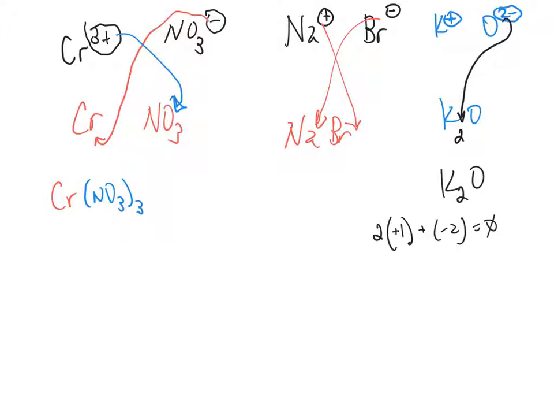Now, what happens though is if we have something like calcium, which is a 2+, and we've got sulfur, which is a 2-. It's still true. You can still write it as Ca2S2, but that's not the final answer.